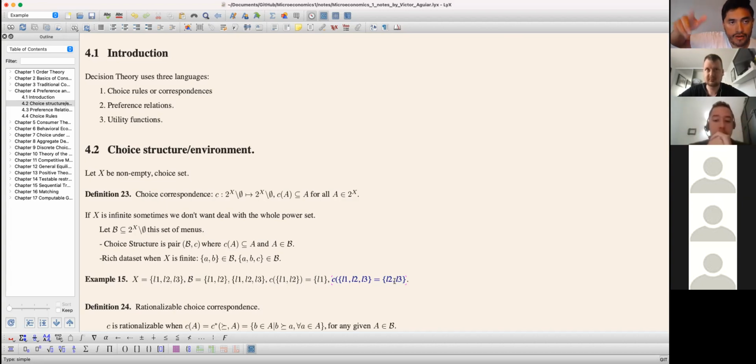And every time I saw you picking from this, you always pick L1, right? So in that case, the choice for sure is L1, I'm done. The choice correspondence from L1, L2, L3 is trickier because I gave this decision maker the same menu 3 times. The first time this person picked L2, the second time she picked L3, and the third time she picked L2 again, but never L1, right?